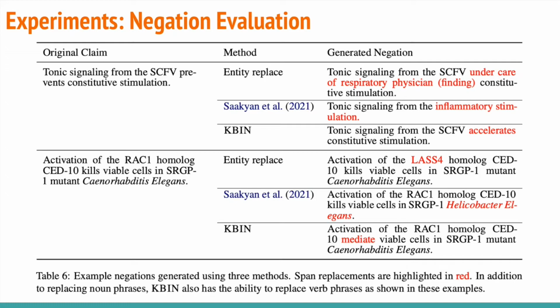The second one is from a paper titled COVID-Fact, a COVID-19 version of fact checking. In this paper, they use a language model. They use BART to generate negated claims in a seq-to-seq fashion.